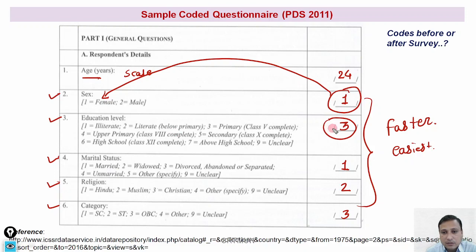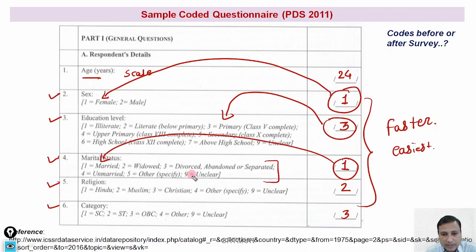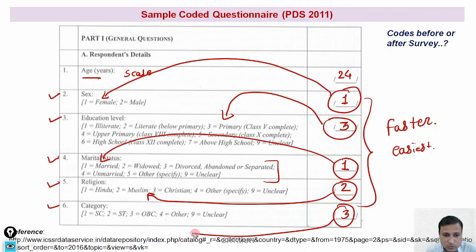This number 3 represents that the education level is primary for that particular respondent. What is 1? That is the attribute married. They all are attributes, and we have assigned a particular number to these attributes. 2 belongs to the category Muslims, and 3 belongs to OBC. Fine. So that is the way we go with the coding.